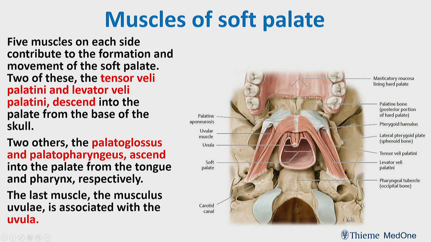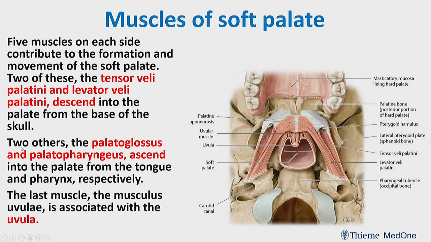Of these five muscles, on each side we have one muscle each, or two muscles that are in the midline, which make the uvula. Two of them, tensor veli palatini and levator veli palatini, originate from the base of the skull and go down, descending into the palatine aponeurosis.